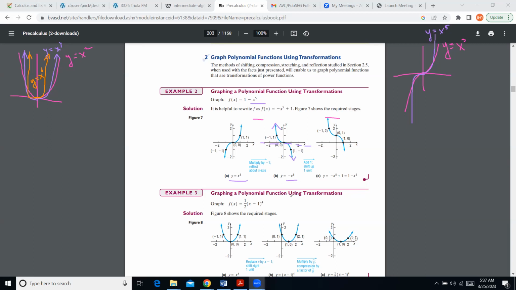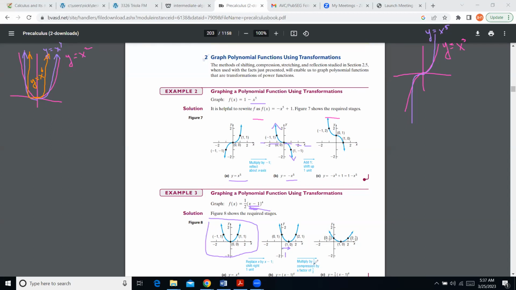Also, when you're working with the, say, fourth power parabola, which is similar to x to the power of 4, you do the exact same set of transformations that we do with the x squared. So let's say if they want to subtract 1 from x itself, then the function moves by 1 unit to the right.